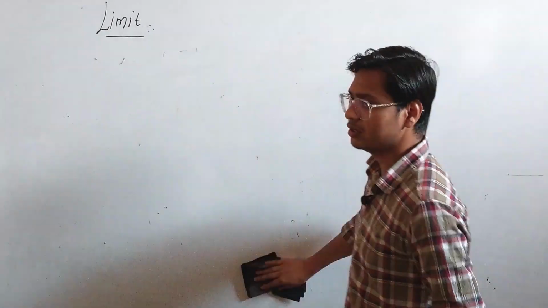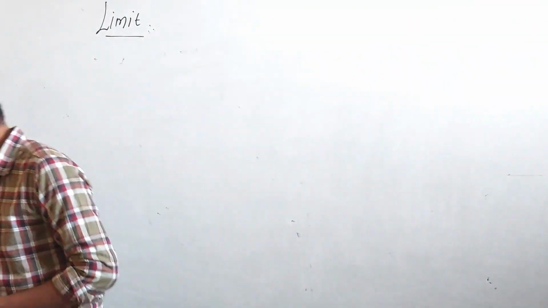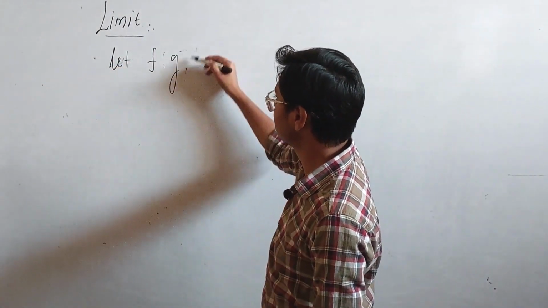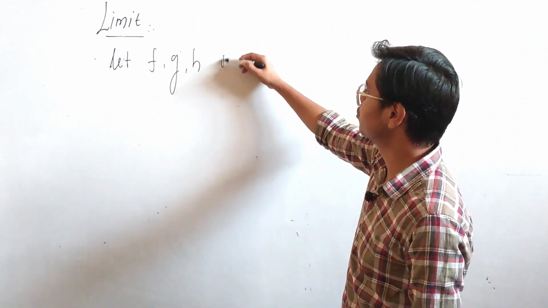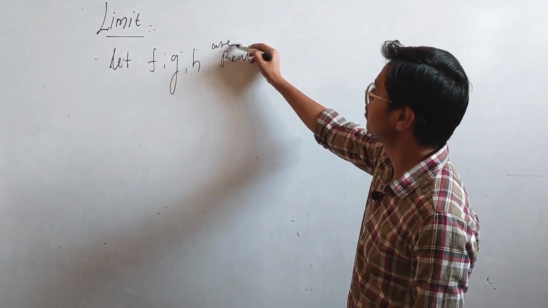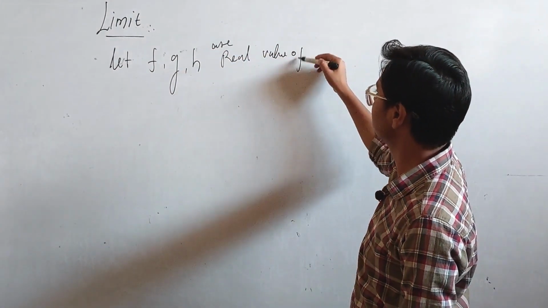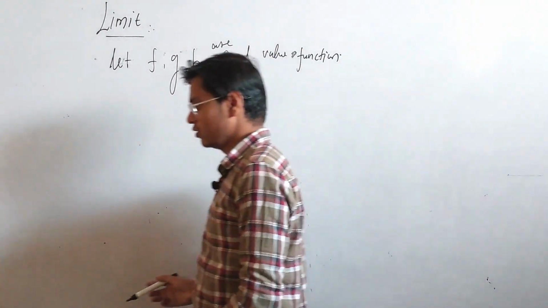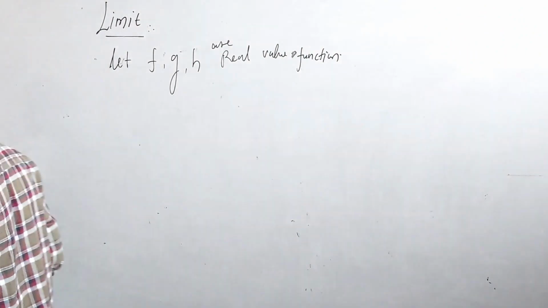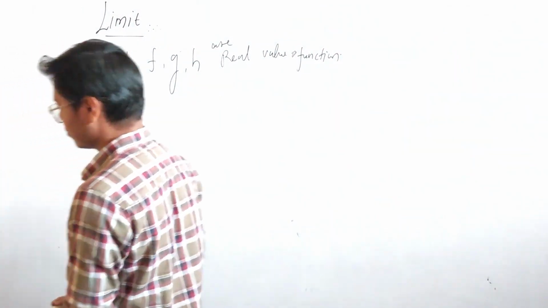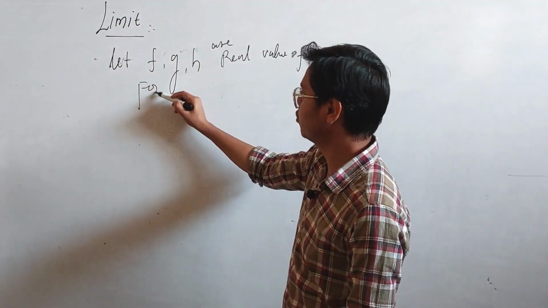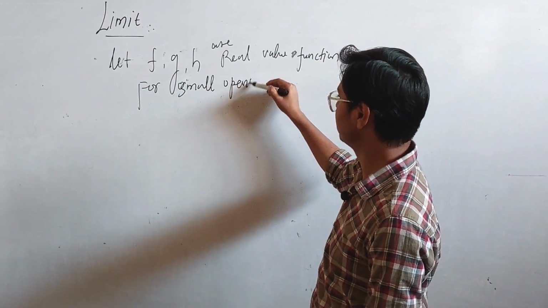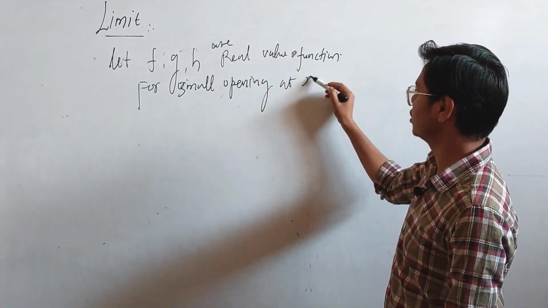Next concept of limit is the sandwich theorem. Let's suppose f, g and h are real valued functions, which are defined for x near a, at x is equal to a.